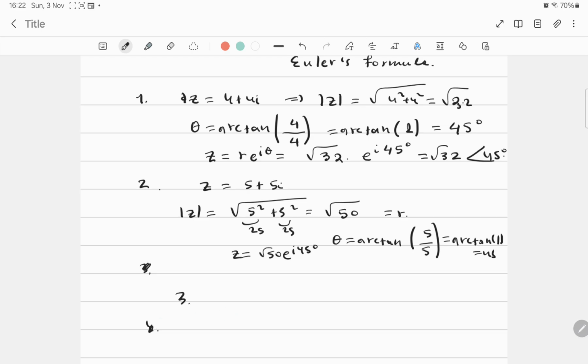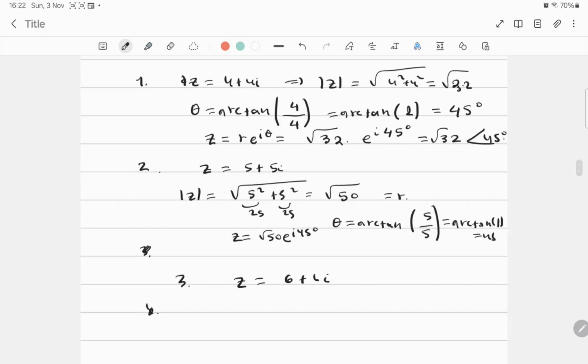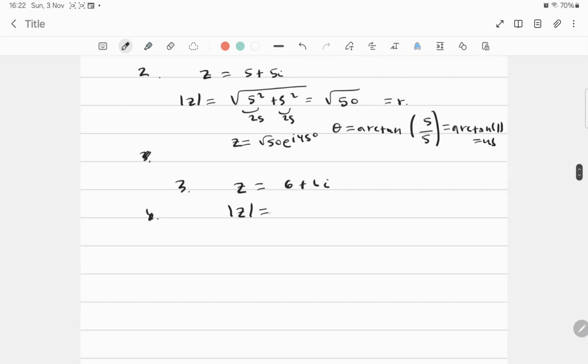Let's have a look at the third one. z equals 6 plus 6i. The modulus of z equals square root of 6 squared plus 6 squared, so it's 36 plus 36, square root of 72.